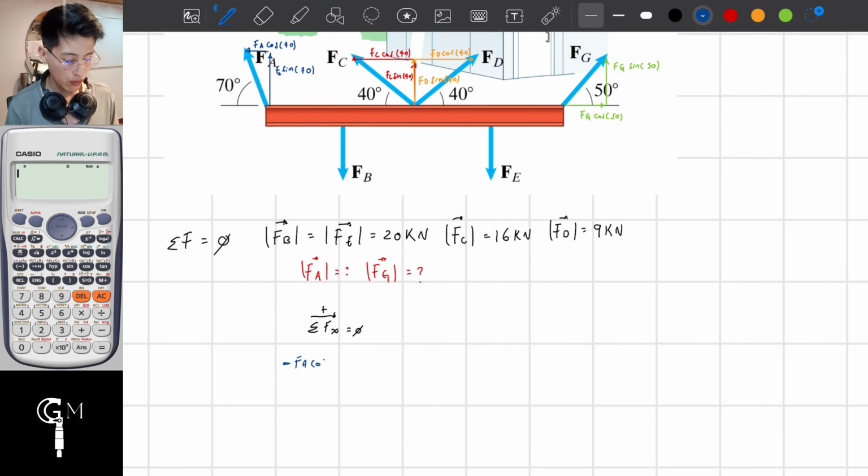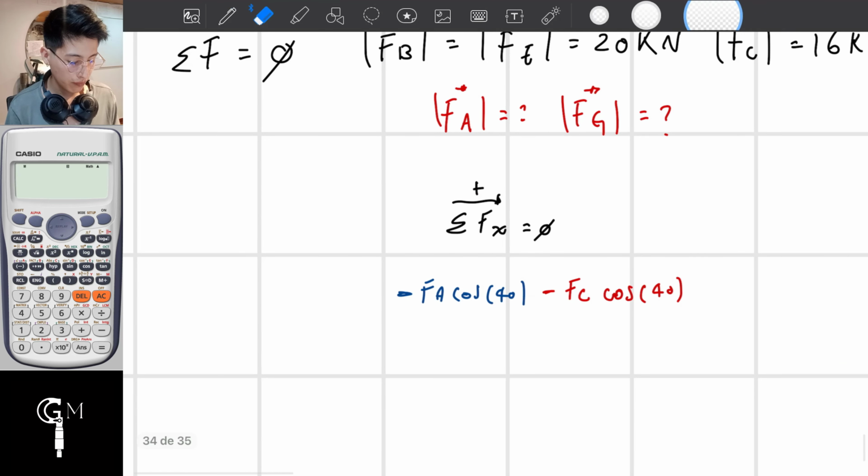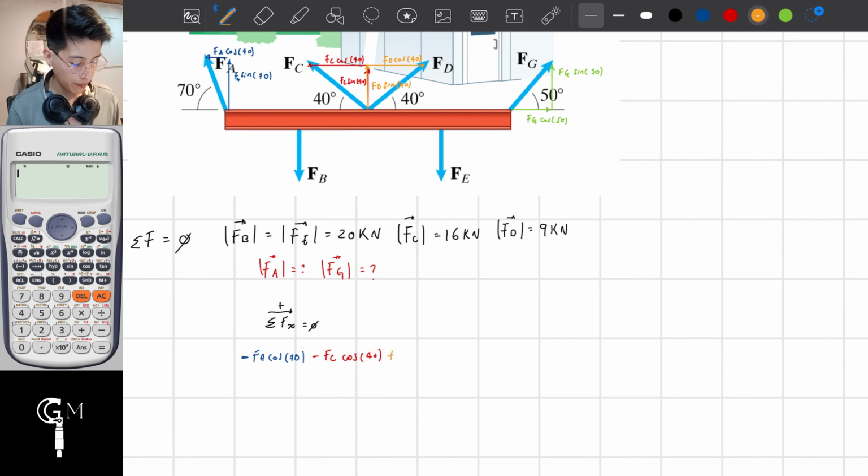Minus Fa cosine of 70, I'm sorry, this is not 40, this is a 70, minus Fc cosine of 40, plus Fd cosine of 40, plus Fg cosine of 50, and this is equal to 0.